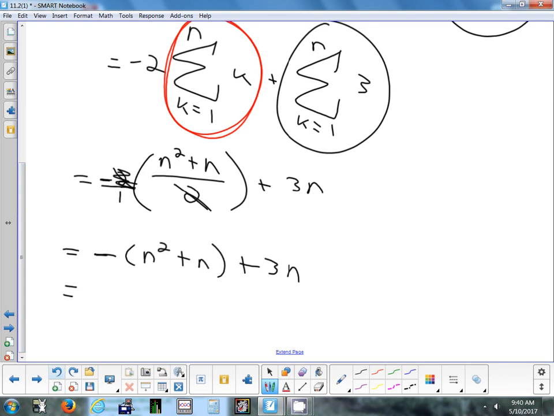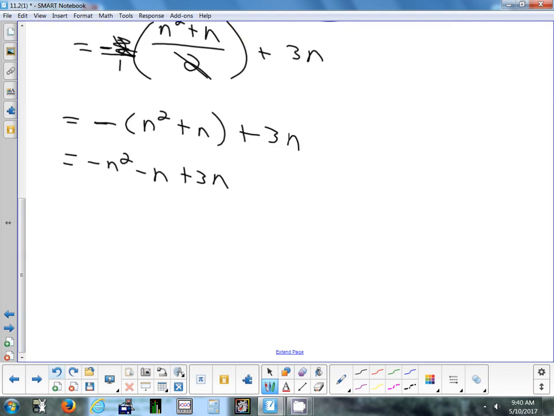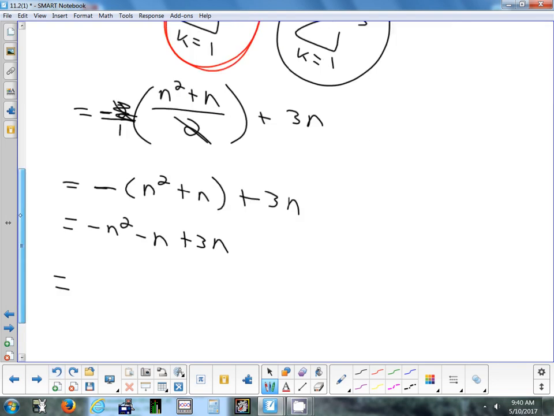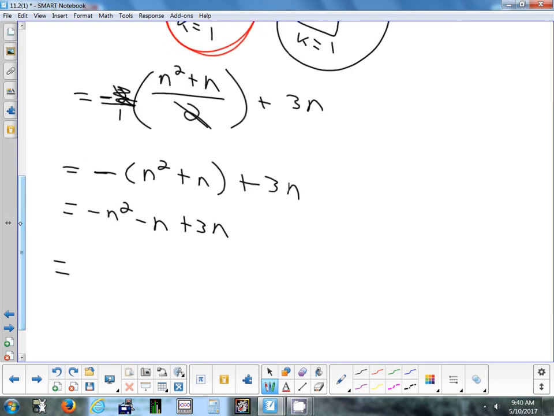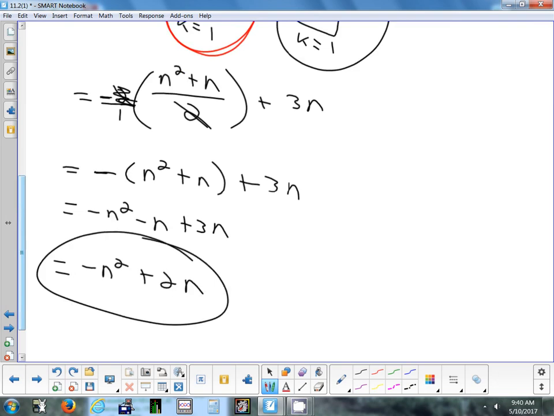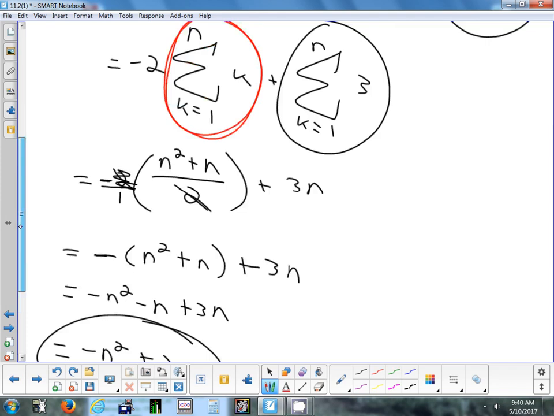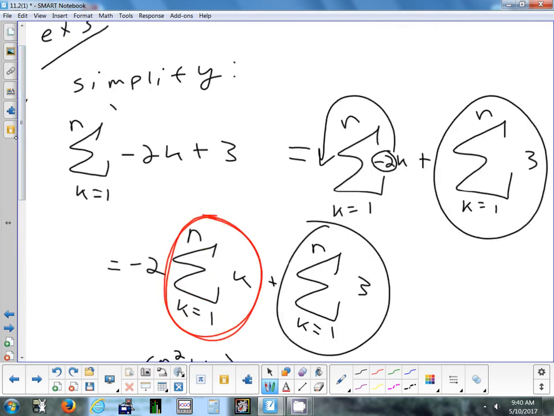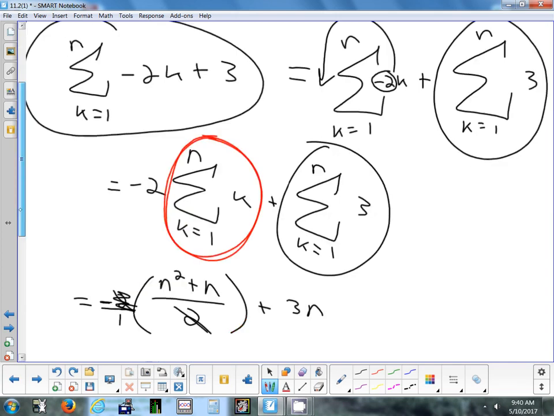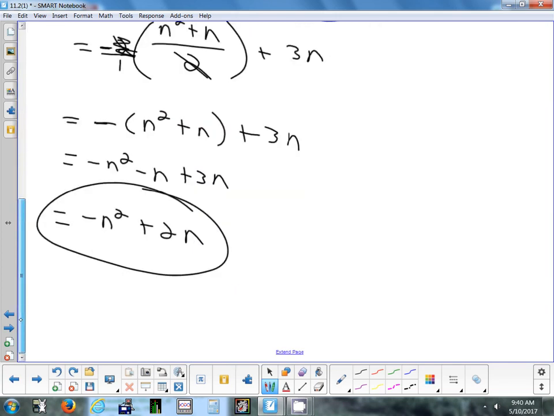Now, what do I have to do with that negative? Yeah, now I have to distribute. So negative n squared minus n plus 3n. And yeah, now combine like terms. That's the formula. So if you wanted to do this, the way to do it would be to use that formula right there.